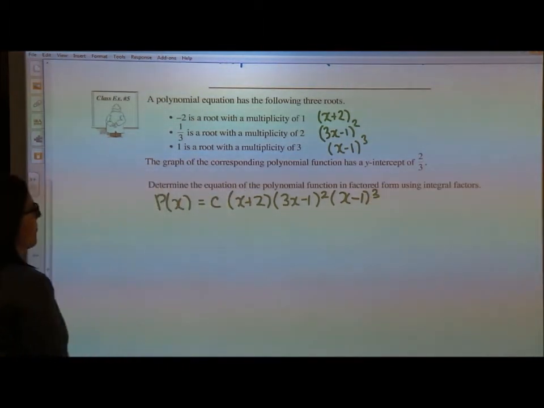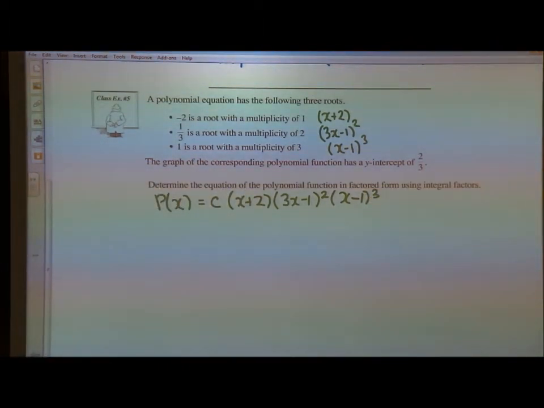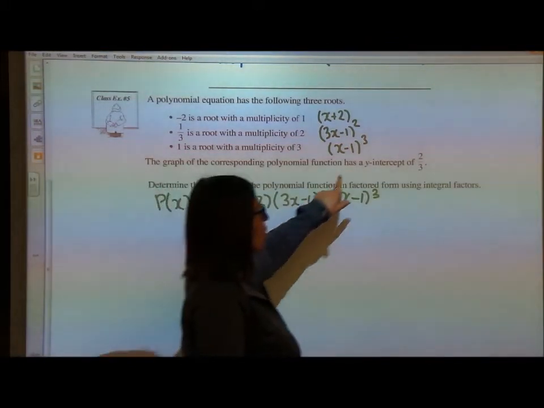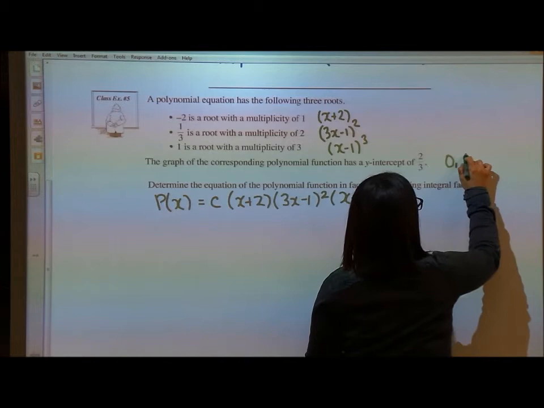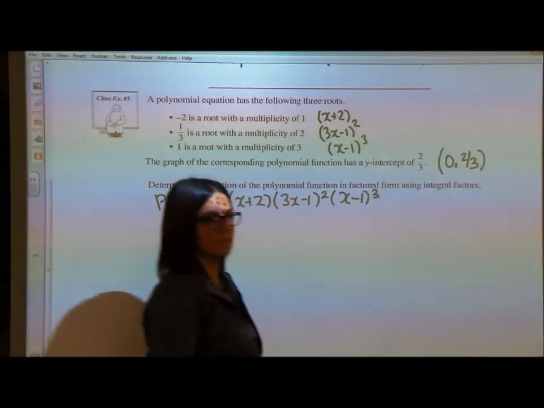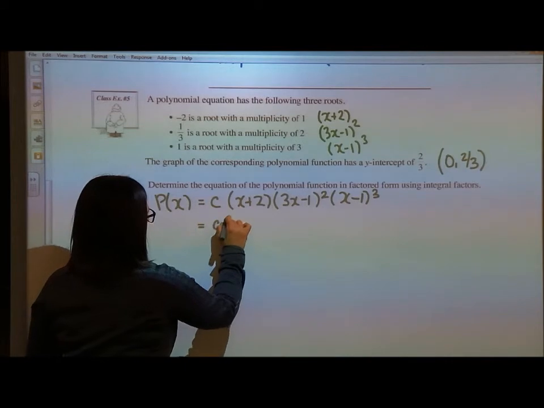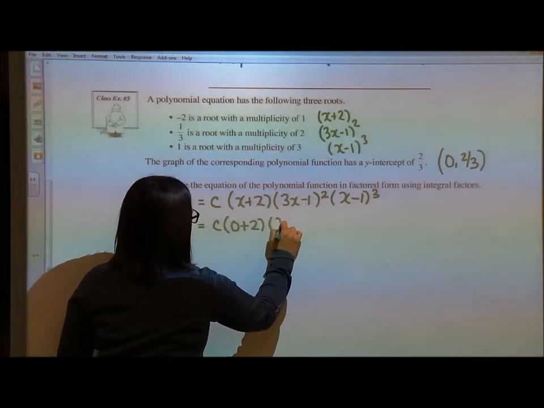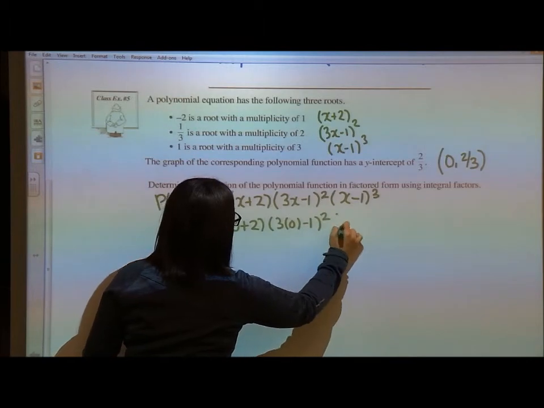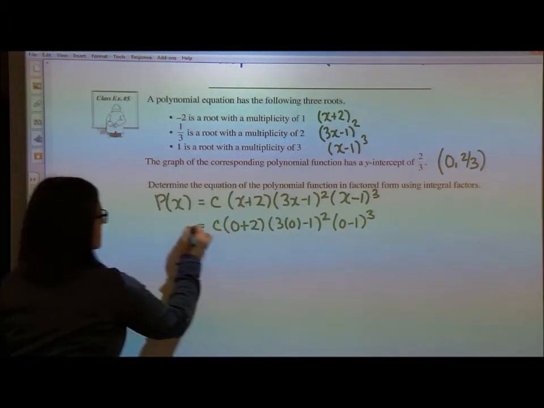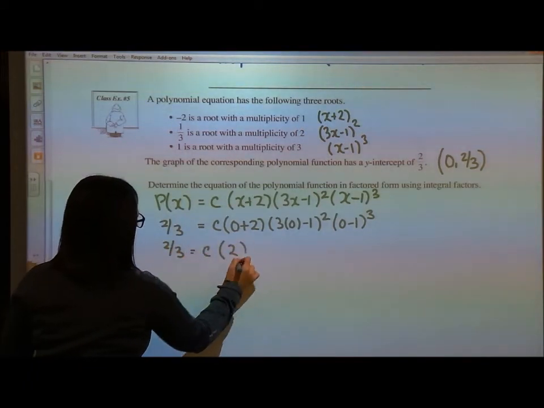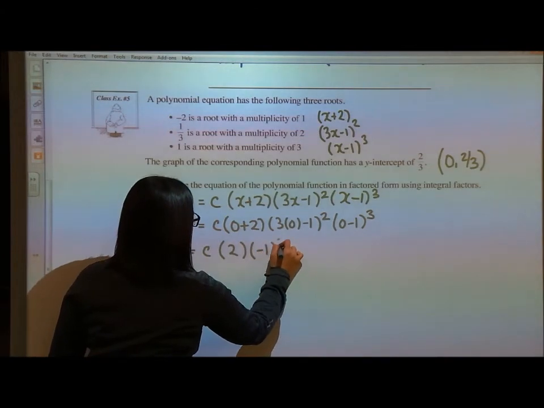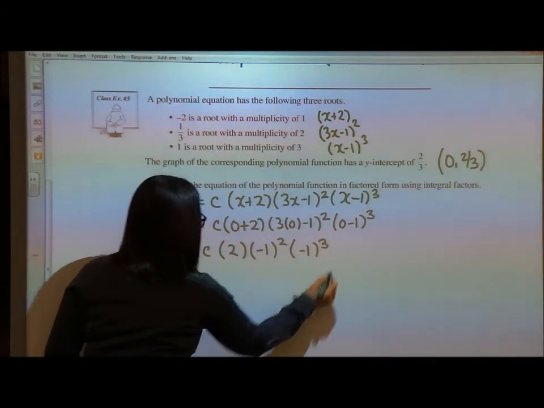The graph of the corresponding polynomial function has a y-intercept of 2/3. What are the coordinates for this? (0, 2/3). So we have 0 plus 2, 3 times 0 minus 1 squared, and 0 minus 1 cubed. So I get 2 times negative 1 squared times negative 1 cubed.